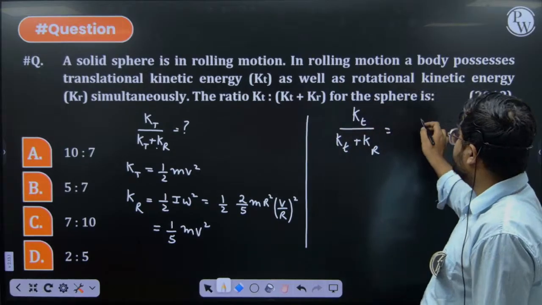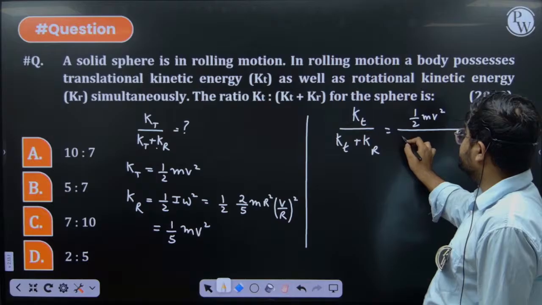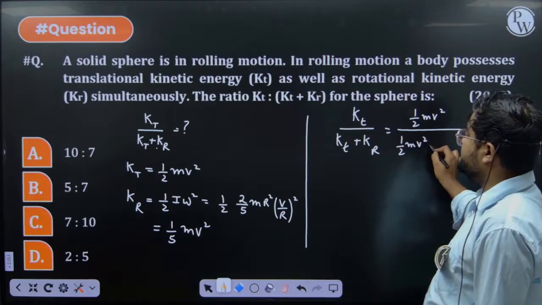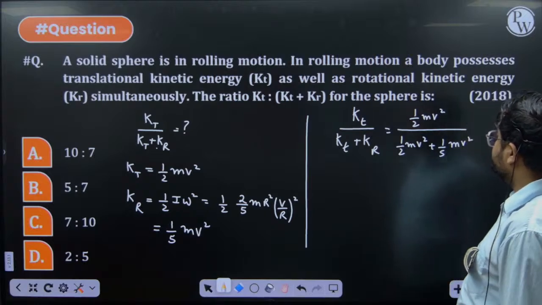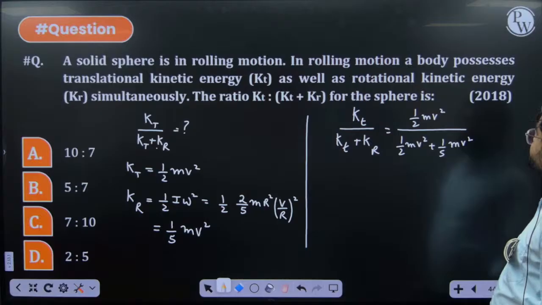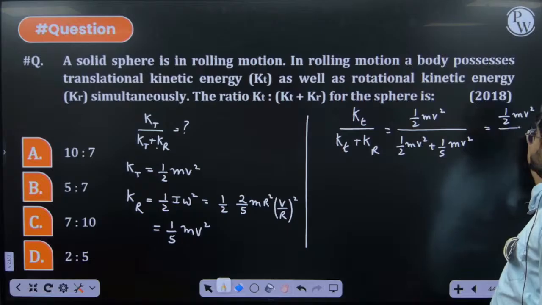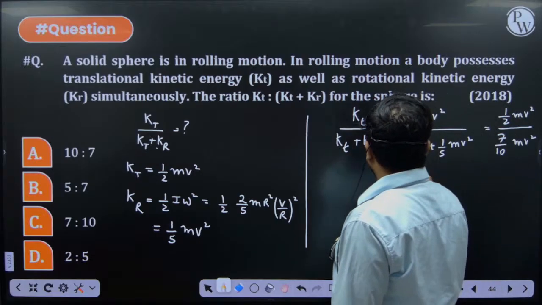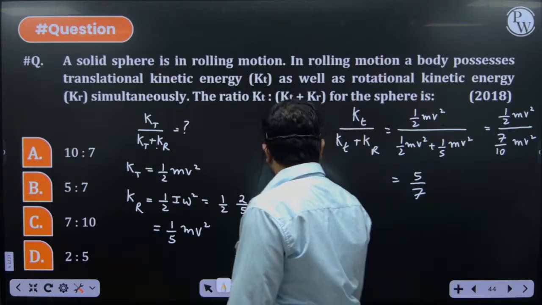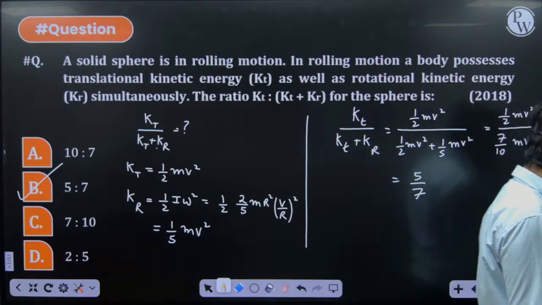So this is half mv square. And what do we have in the denominator? We have half mv square and rotational 1 by 5 mv square. So if we solve this, half mv square plus 1 by 5 mv square is 7 by 10 mv square, so we are going to get 5 by 7. And do we have that? Yes. Option B is the correct answer here.